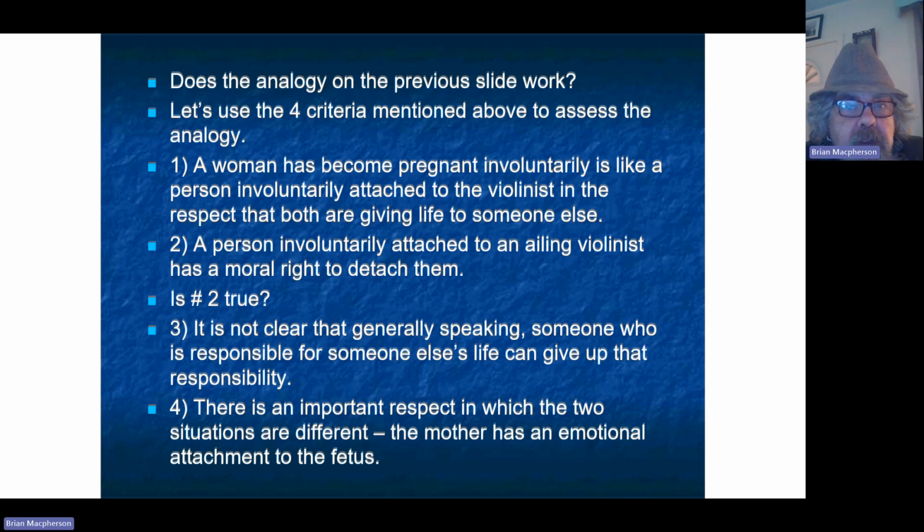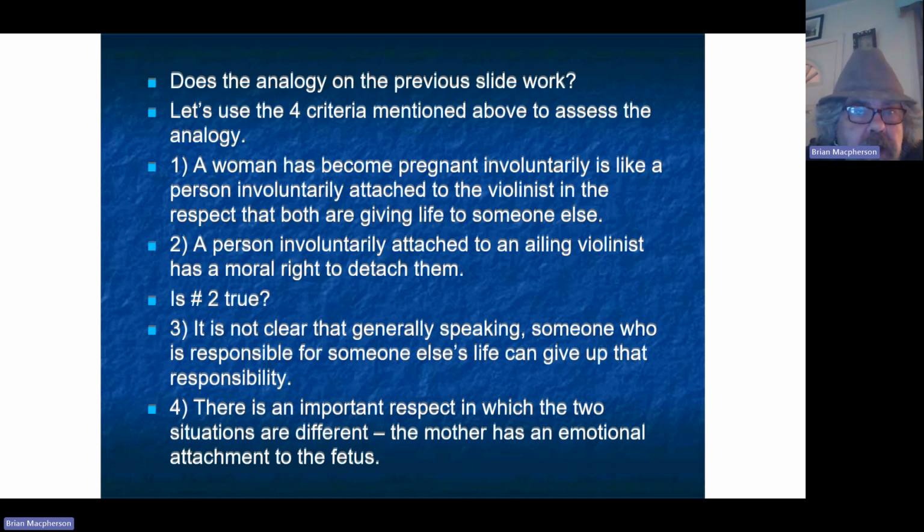A person involuntarily attached to an ailing violinist has a moral right to detach them. Well, is that true? I don't know. It's arguable. You could say, if you're attached to the violinist and you detach them, they will die, and so you have a moral right to keep them attached because each person has a duty to uphold human life, right?